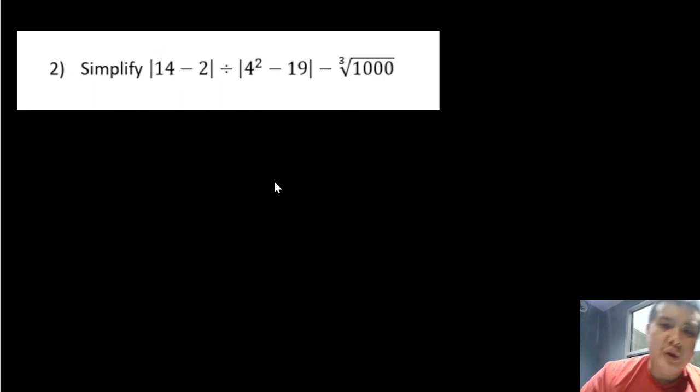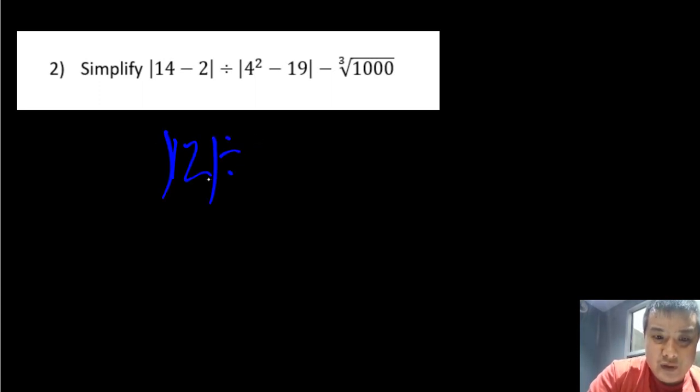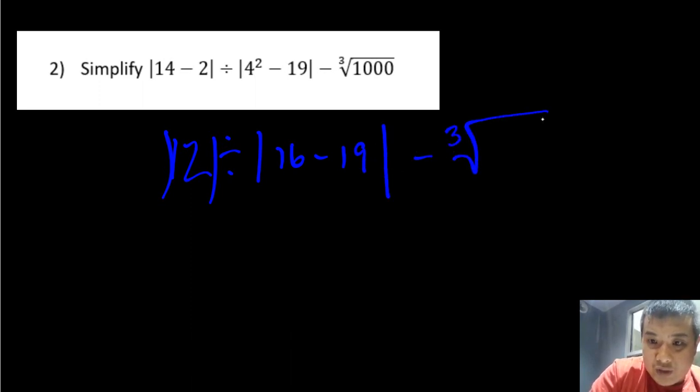Here we're going to, again, work with the absolute values first, and so we can start taking these two absolute values as two different parentheses. So 14 minus 2 is 12 divided by, in absolute values, 4 squared, which is 16, minus 19, absolute value, minus the cube root of 1,000.